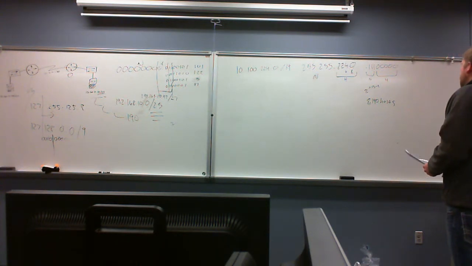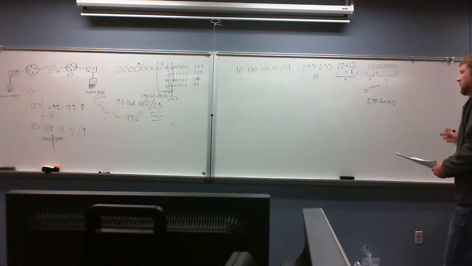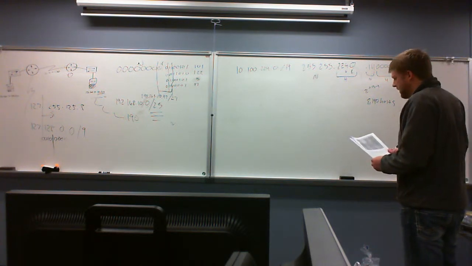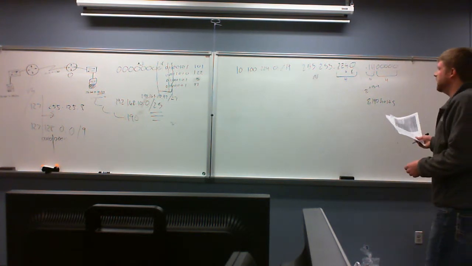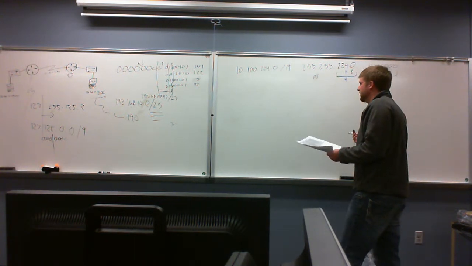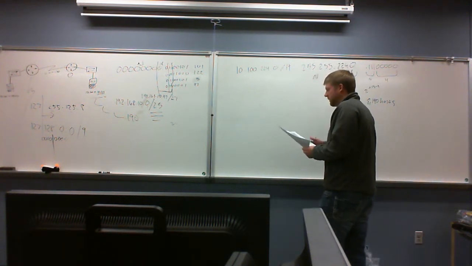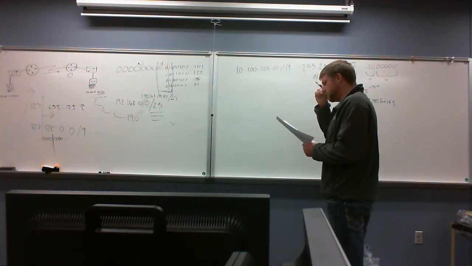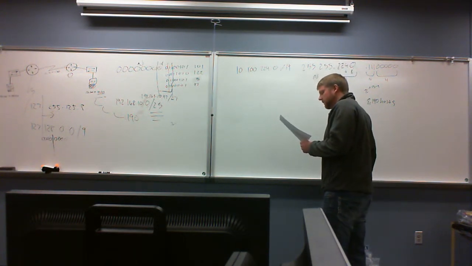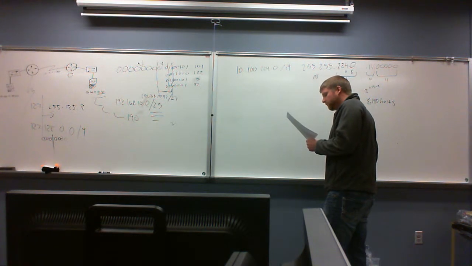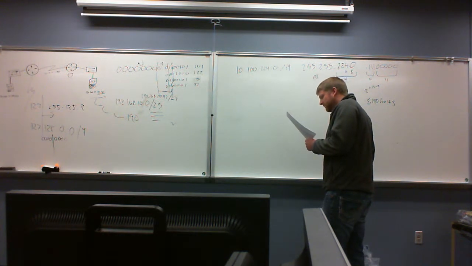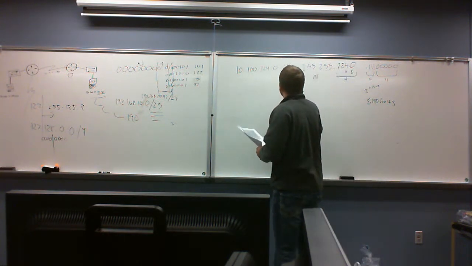Alright, so say you want to break that down into many more subnets, because you don't have one large network that uses 8,000 hosts. You have a bunch of different rooms that each need a couple hundred IP addresses. So we'll break that /19 down into, let's make it a nice round number, /20.